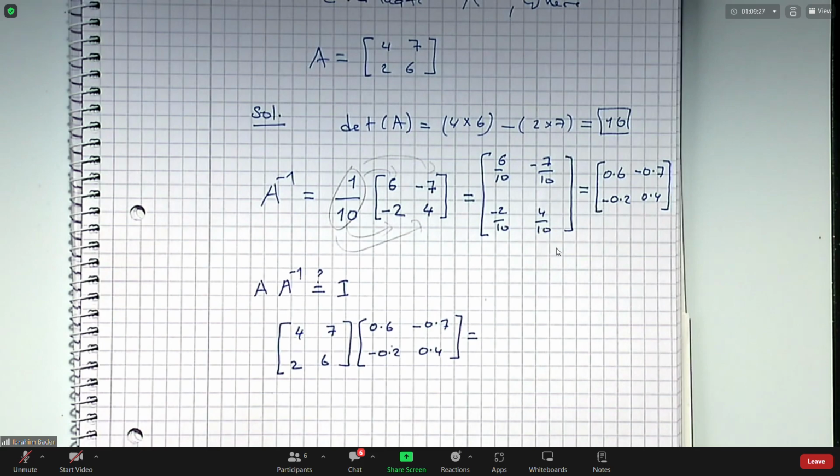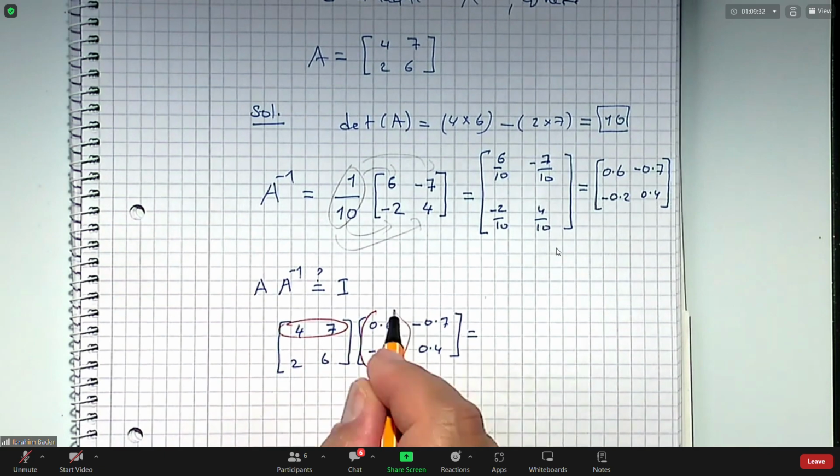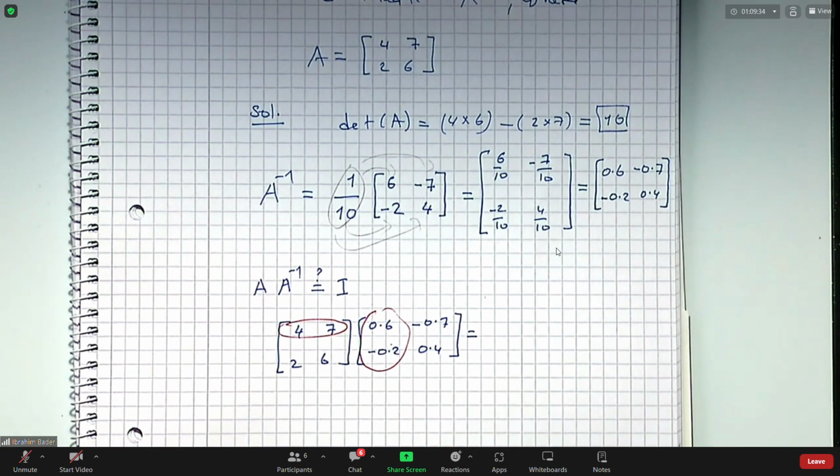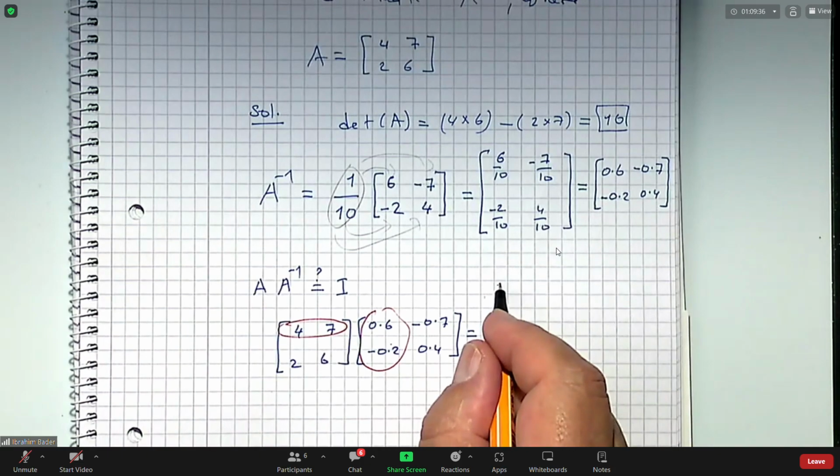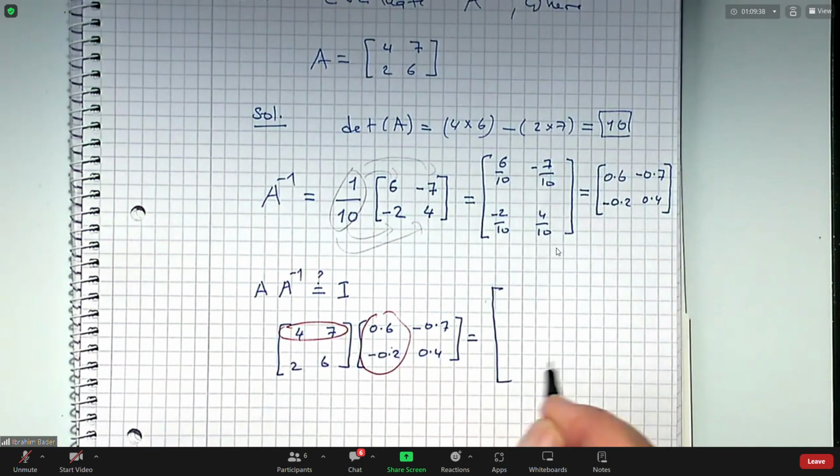I again remind you how we do it. We multiply this row with this column. So here we expect 4 elements, so let's make some room here.